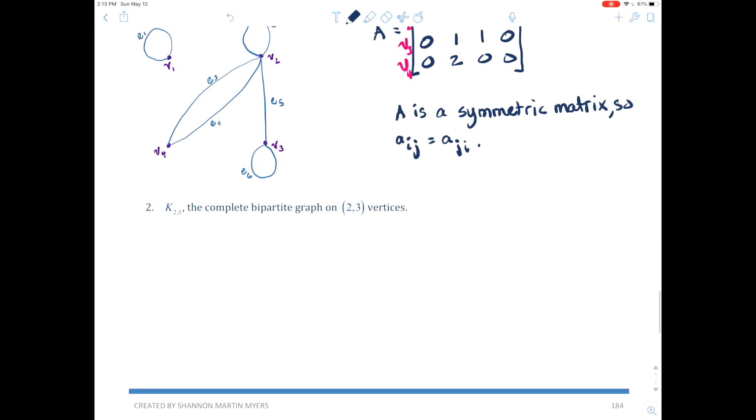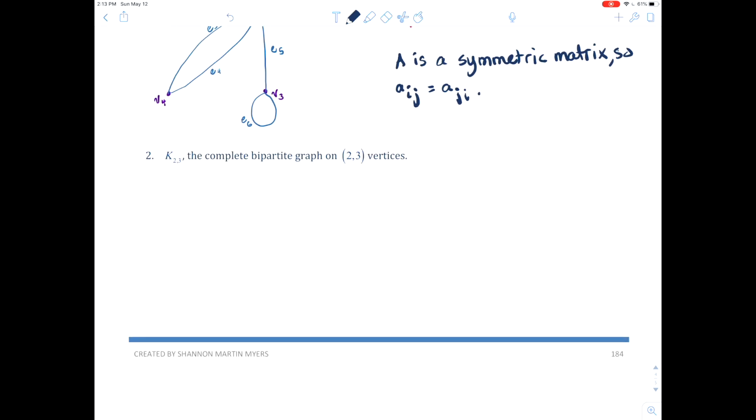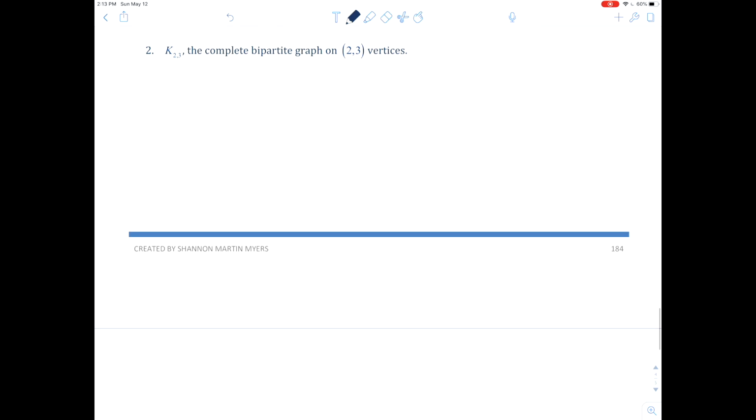So now let's take a look at this next problem here. And this is actually our last example. So we've got the K23, the complete bipartite graph on 2, 3 vertices. I don't know if you remember that.